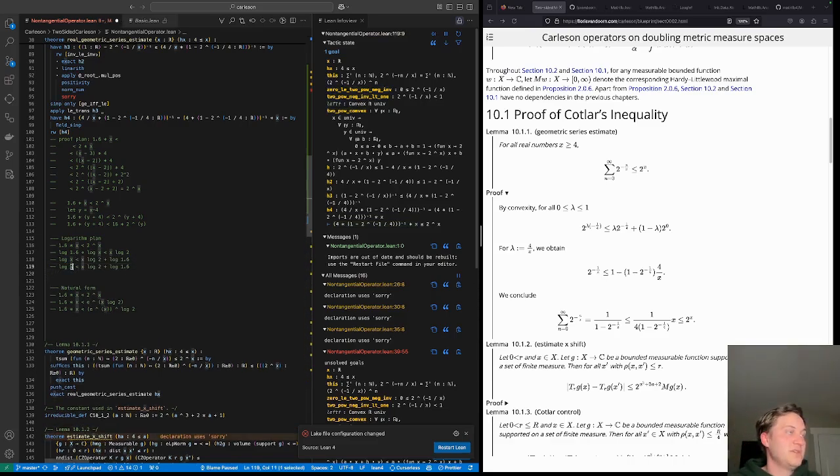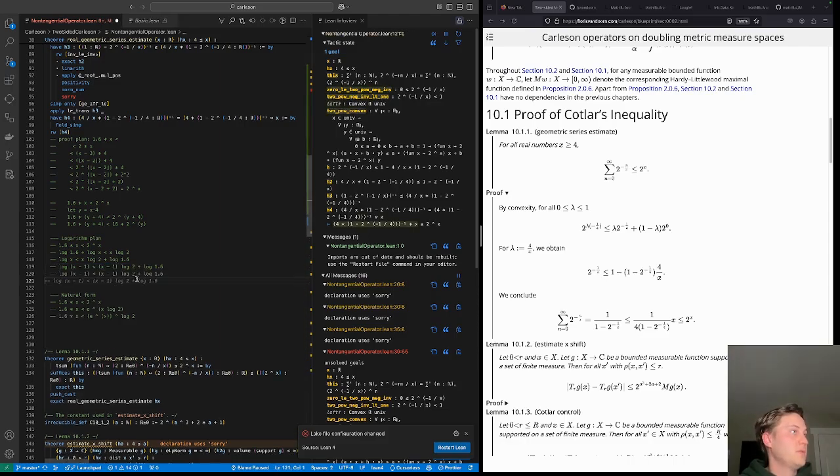So it suffices to show this, x minus 1. It suffices to show that. Or in other words, this expression. And so now we have log 2, right? So this is a slope.